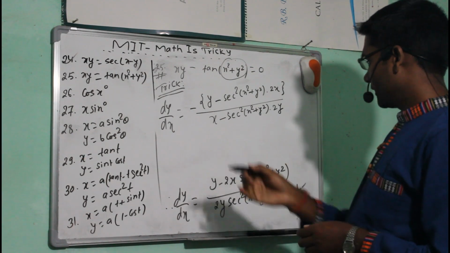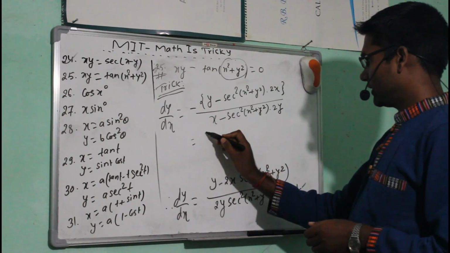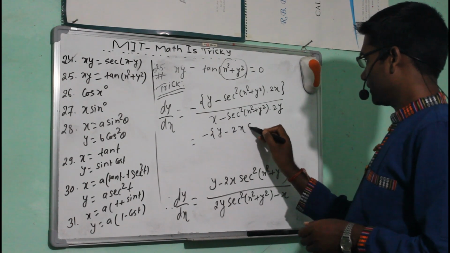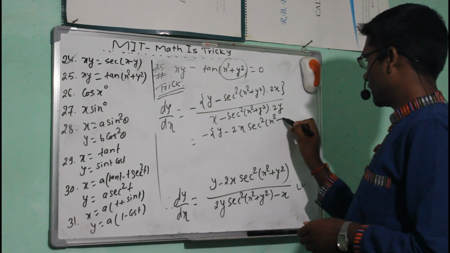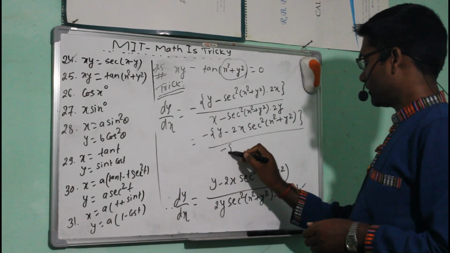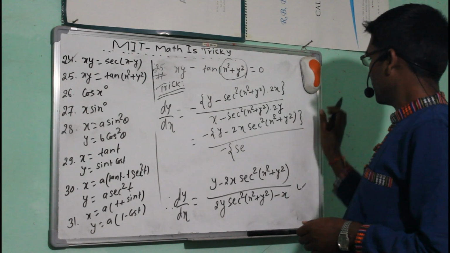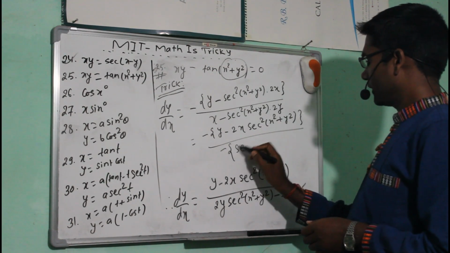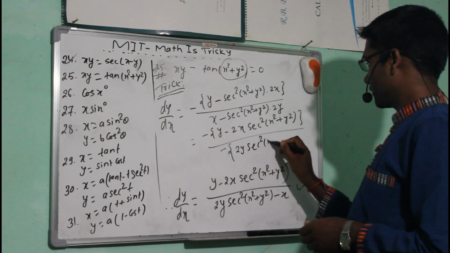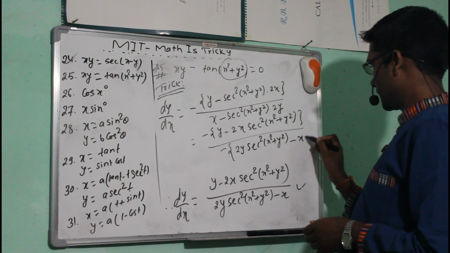Now if we try to get the answer, it will be simply, let's write minus as it is, y minus 2x sec square(x square plus y square), and if we take minus common from the denominator we'll get 2y sec square(x square plus y square), and then 2y minus x here.